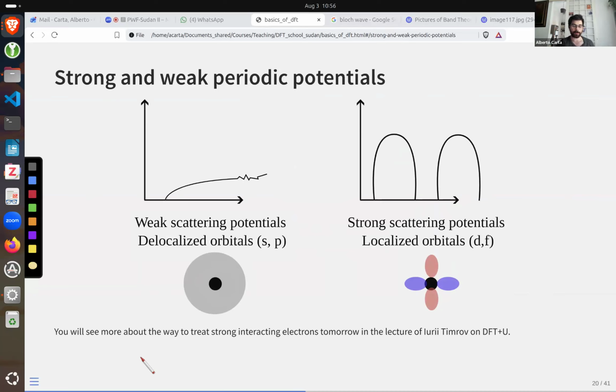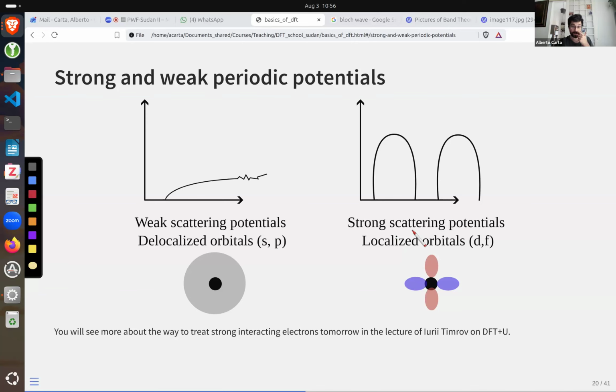So remember that before we were looking at situations where the system was almost free. We had an almost free electron gas, and there we had a band structure that was basically unperturbed. For aluminum, if you remember, the states were very similar to those of a free electron gas.